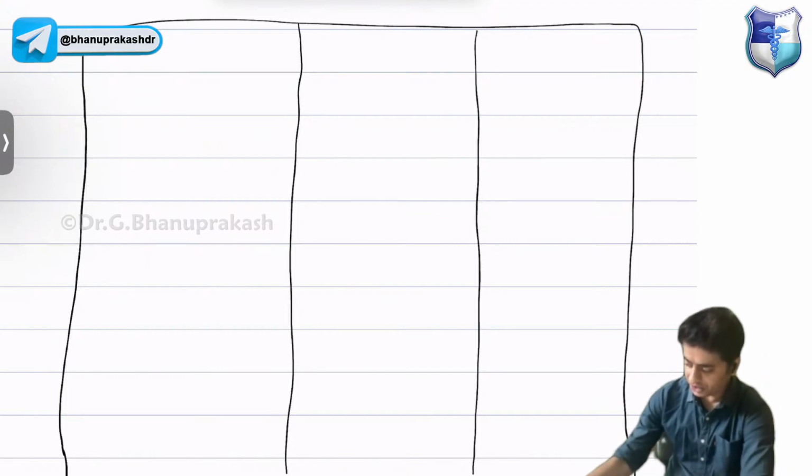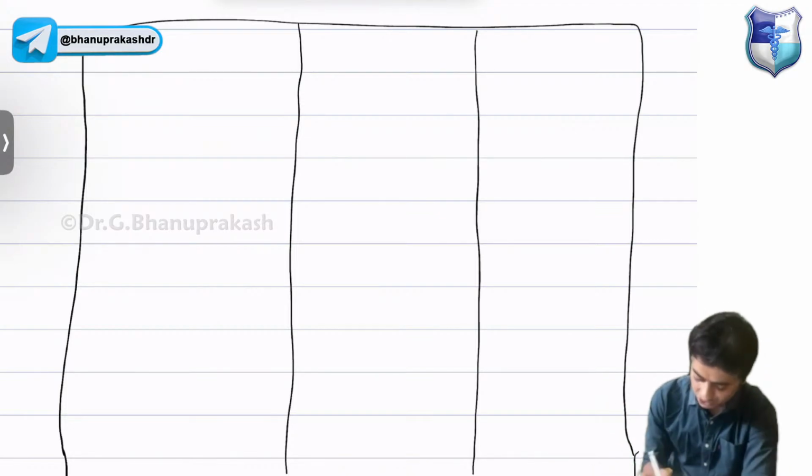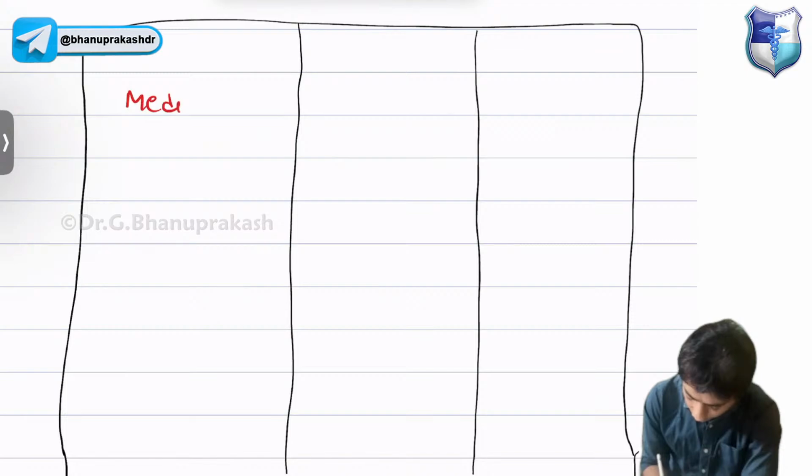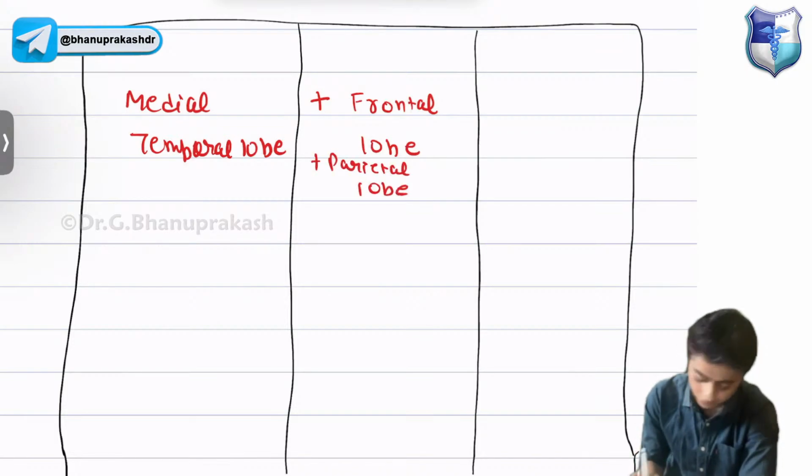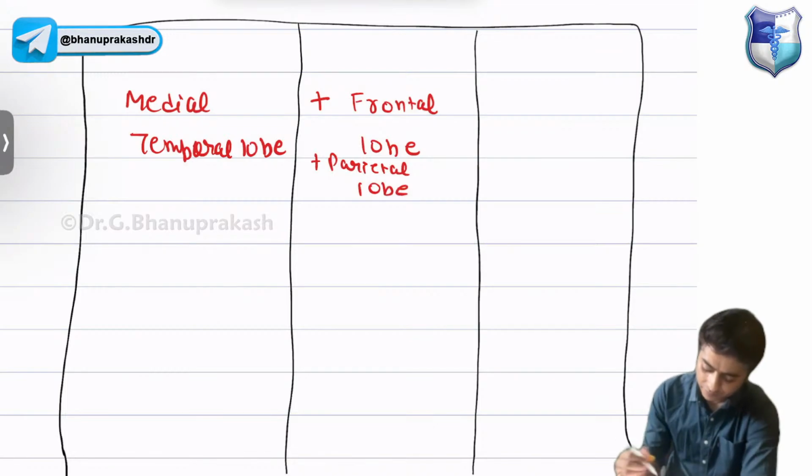So this is a patient in which the medial temporal lobe, plus your frontal lobe, and plus your parietal lobe is gone. What is the disease?